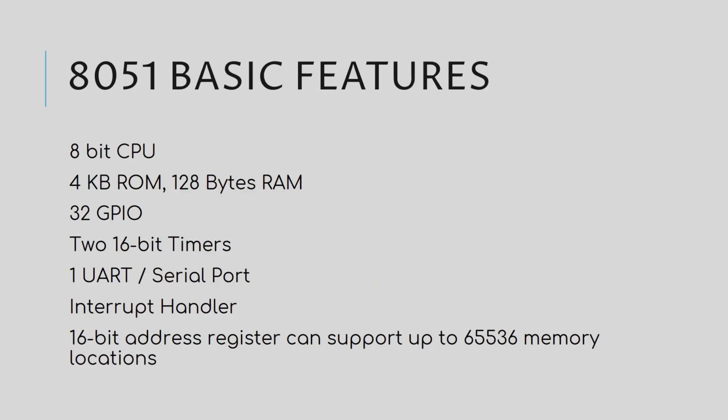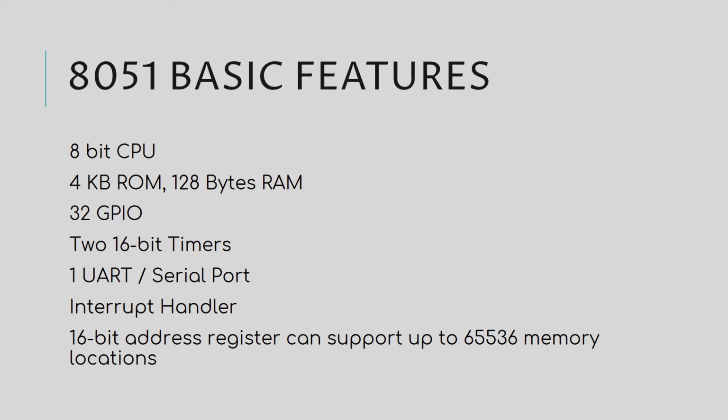So overall, if I talk about the basic features of 8051, then inside 8051 you will find an 8-bit CPU, a 4 kilobyte of ROM where we can store the program. There is 128 bytes of RAM. RAM is required by the CPU while executing the main program. CPU may need a temporary storage, and that storage is provided by this RAM.